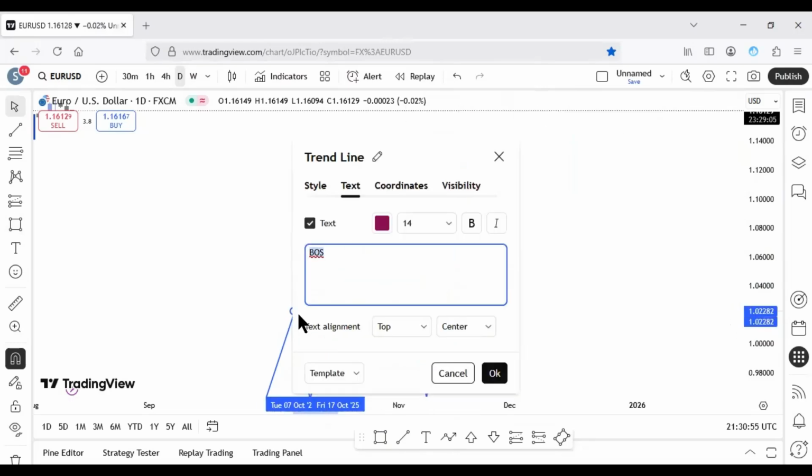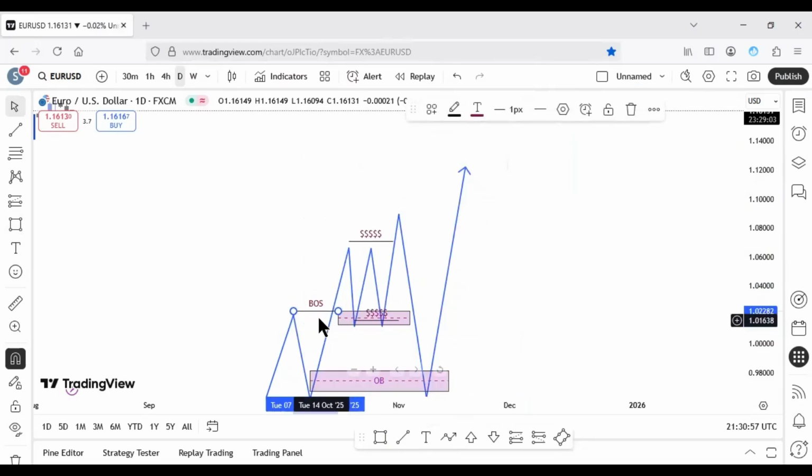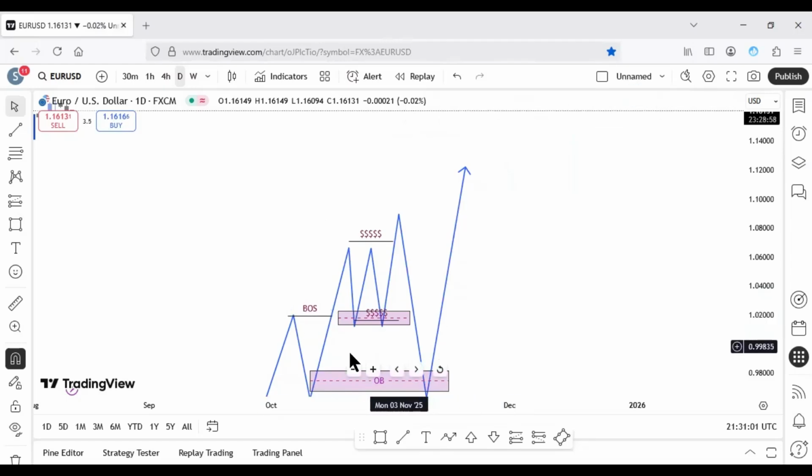This is an inducement level. It's a trap set for traders. Now, for us, the smart traders, we know that when price is breaking structures, it's supposed to mitigate an origin. And when this origin is not mitigated, do not enter at this order block, because that is what we call the liquidity.